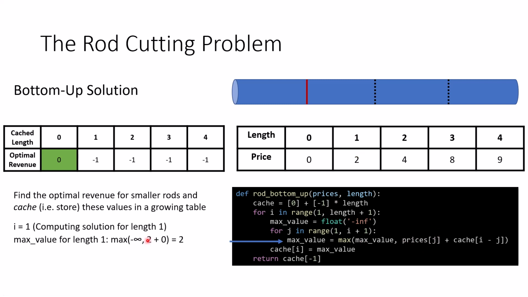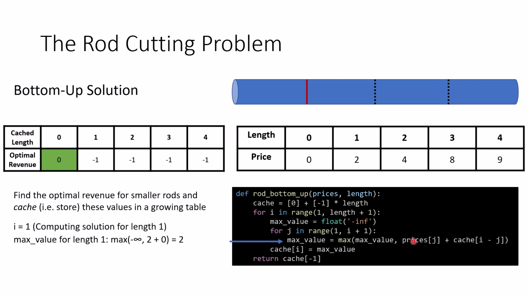So that's this guy right over here, plus what is the optimal price for a rod of the remaining length. So that's going to be cache at i, because I'm considering a rod of length 1, minus the section of the rod that I just computed the price of. So it's going to be 1 minus 1, which is 0.